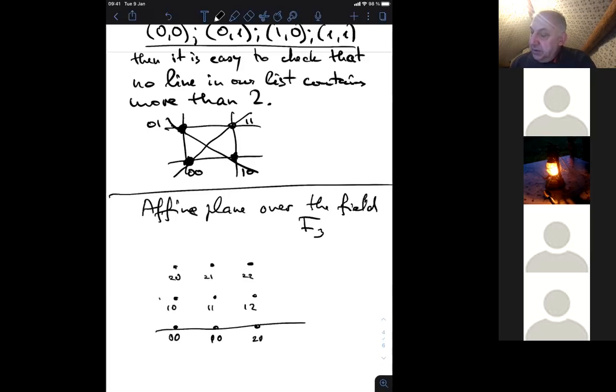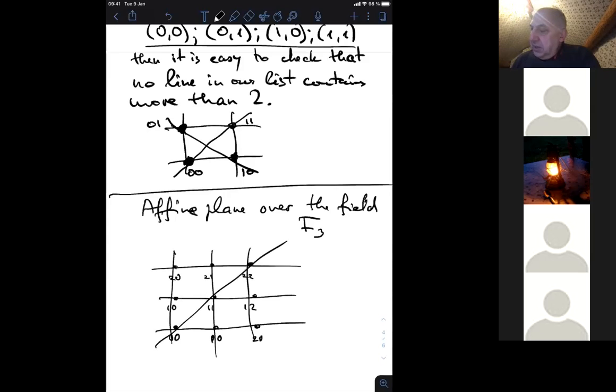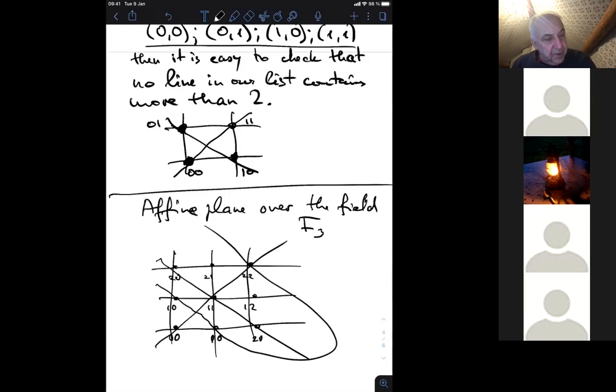So we have 1, 2, 3, 4, 5, 6 lines. Then we have 7, 8, and we need another 4. One line would be like this: these two guys, and this would be one line. Then we have similar things: this and that, and going this way, this guy and that.